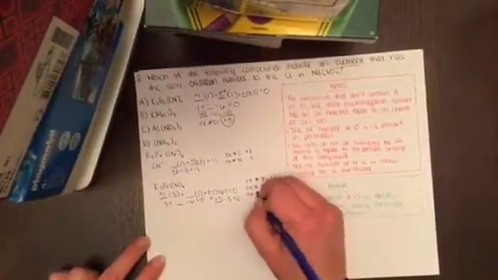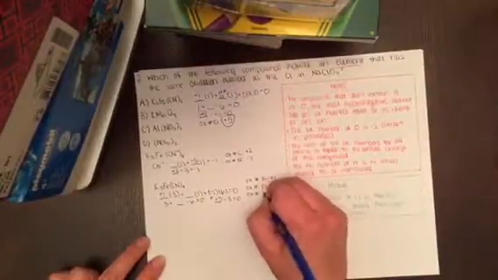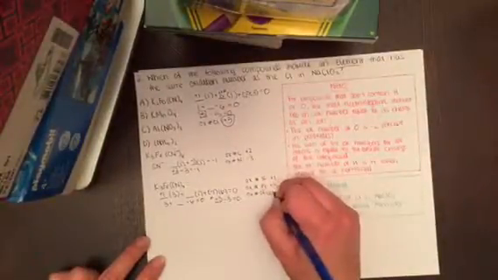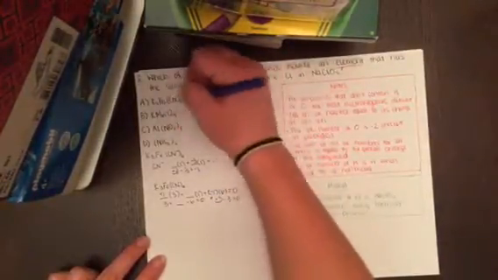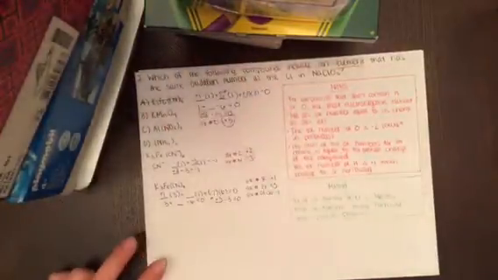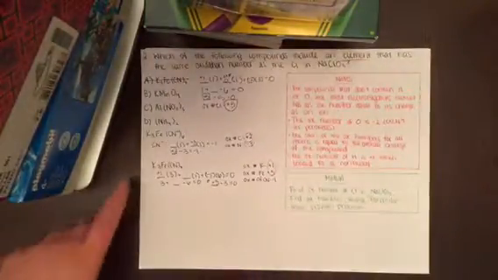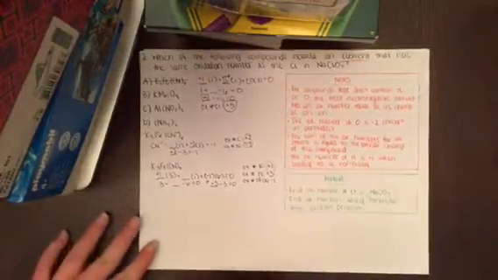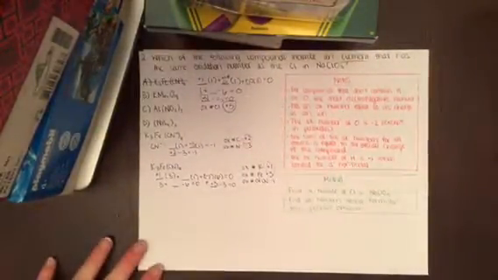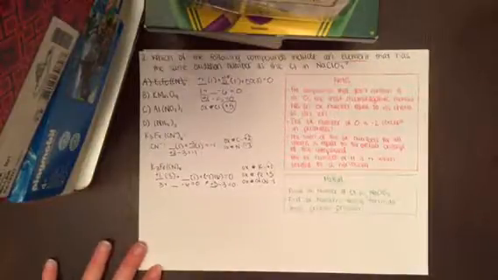And the oxidation number of cyanide is -1, and none of these is equal to +5, so we can take A off the list. Okay, so since we know that A can't be the answer, let's move on to B. And B doesn't have any polyatomic ions, so it should take a little bit less time.